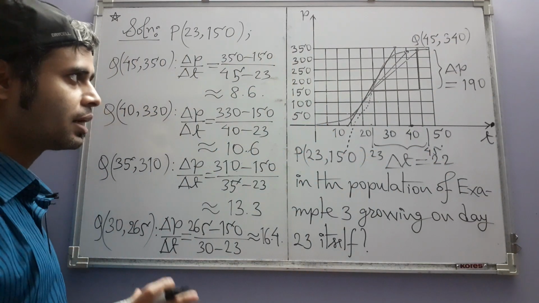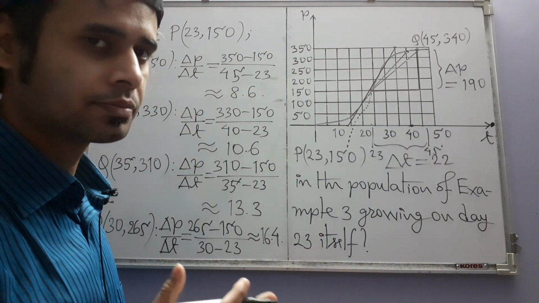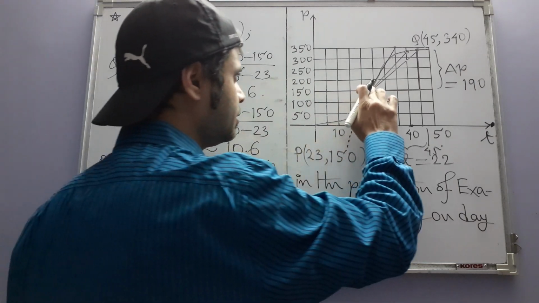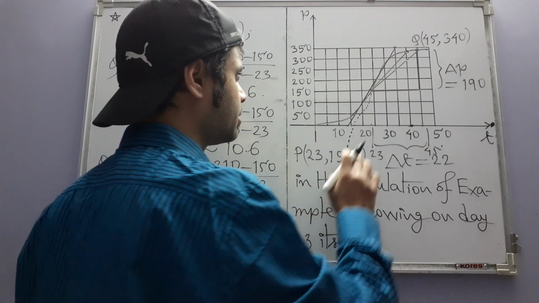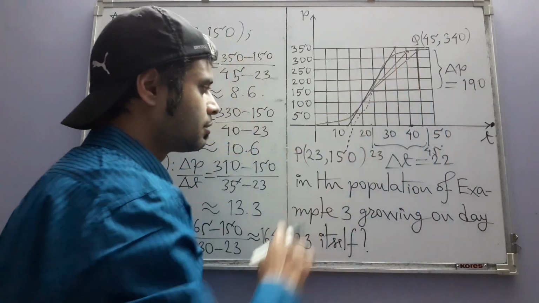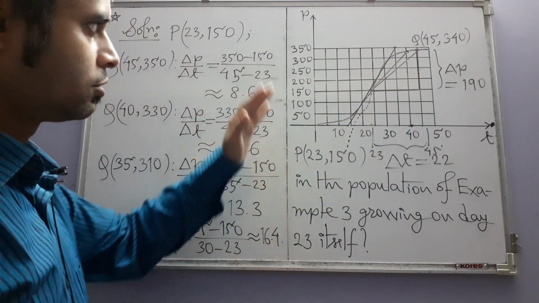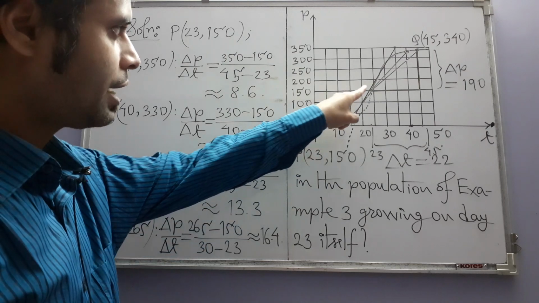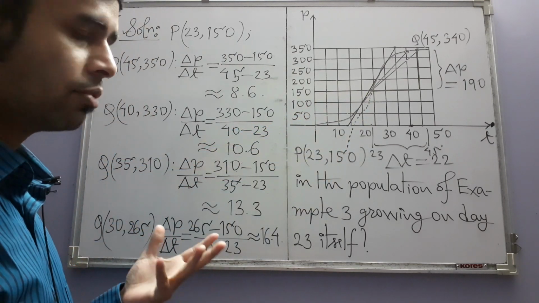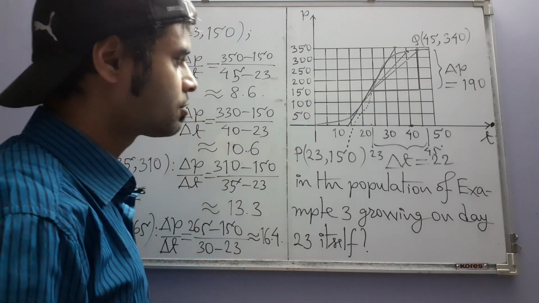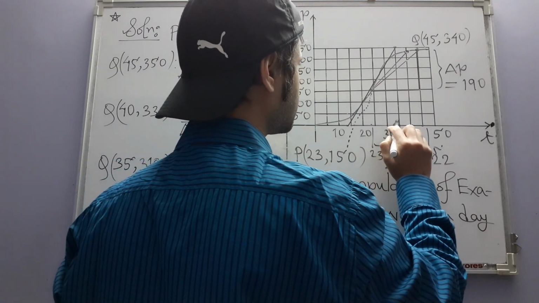In this figure it looks awful, but you can understand that this is the tangent. In the actual figure given in the text, this will be the tangent line to this graph at this point P, 23, 150.